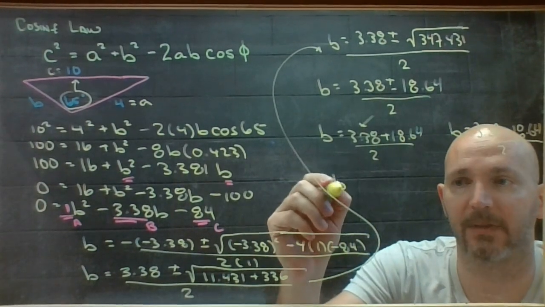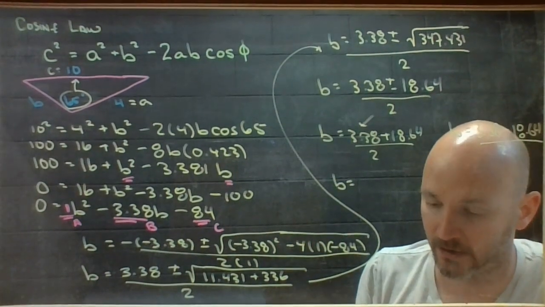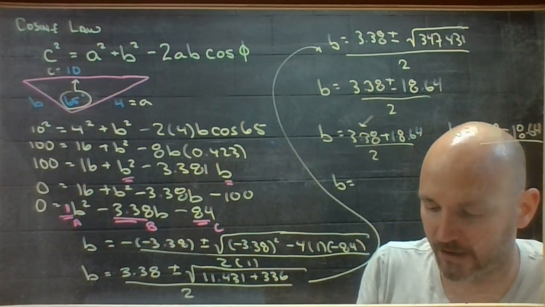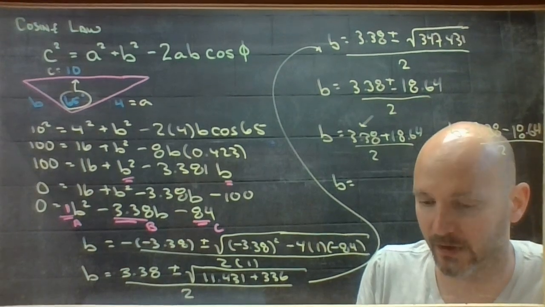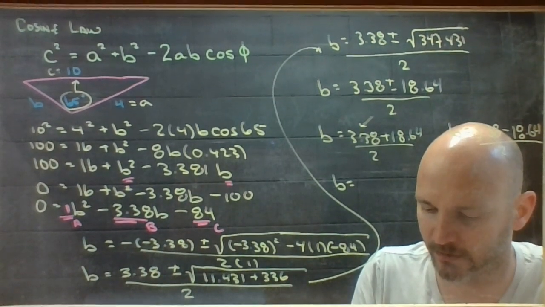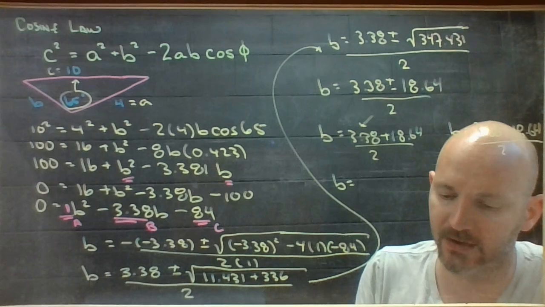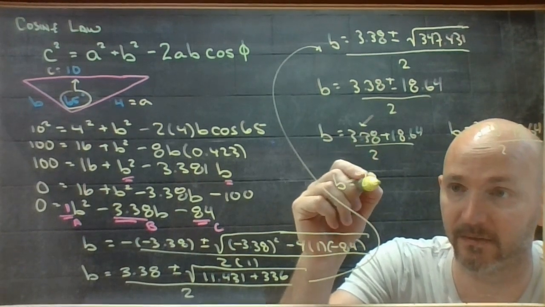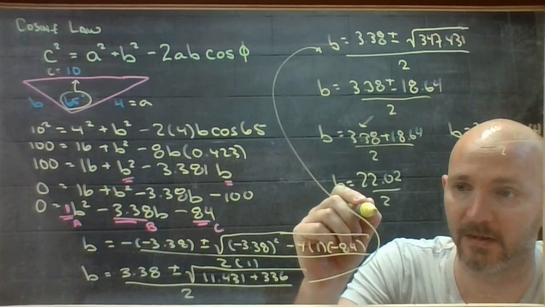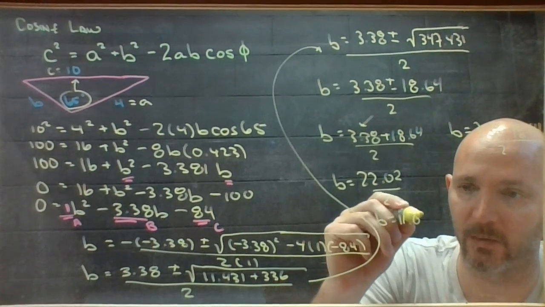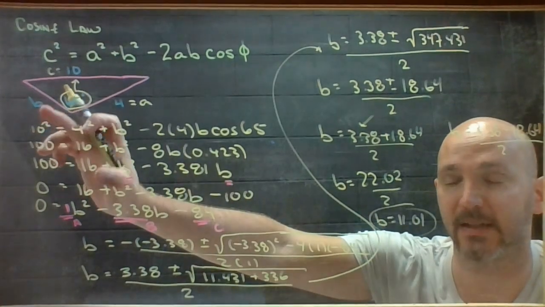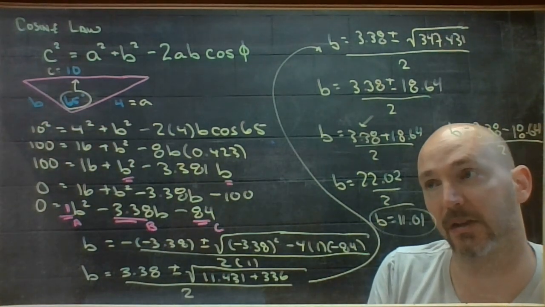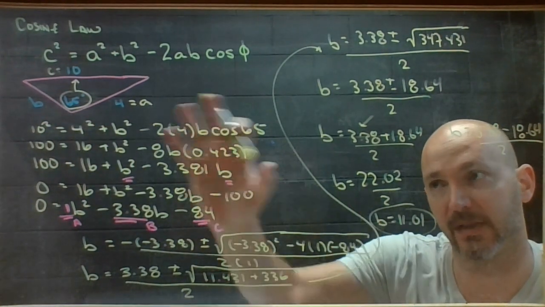Okay, this one here, 3.38 plus 18.64 gives me 22.02 if I round it. So B is 11.01. So that side has to be 11.01 long in order for this triangle to work out.